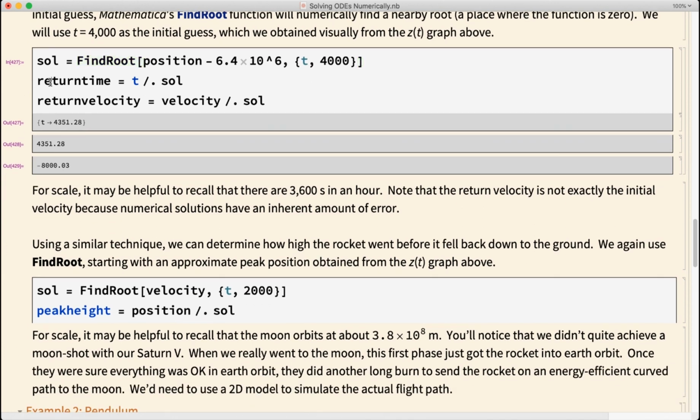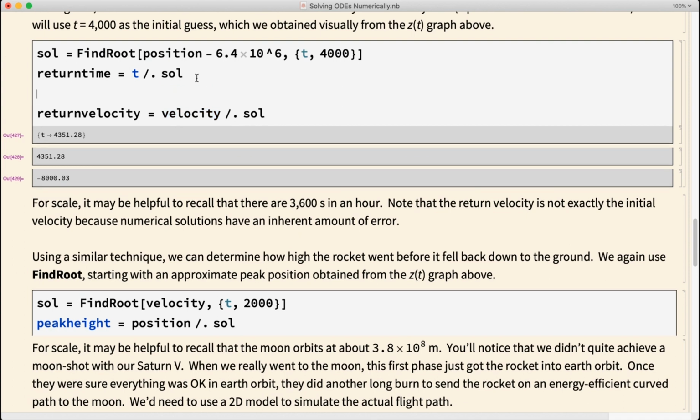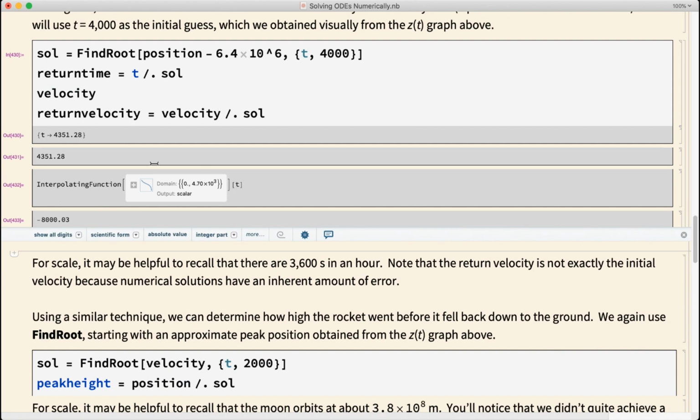And so if I want to extract the actual time, I'm going to use this type of expression. And if I want to find the velocity, I can go back. Remember, velocity looks like that, it is just another interpolated function.